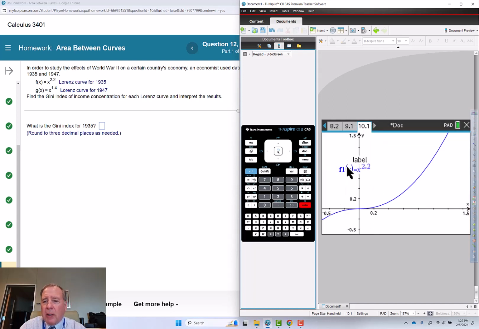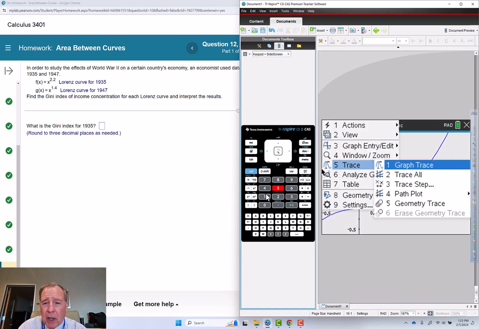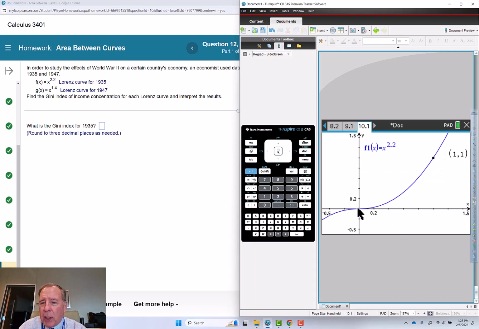And I'm really interested in, I'm going to trace out to 1, menu 5, 1, 1, enter. So I'm interested in the line between here and here and this part of the curve.